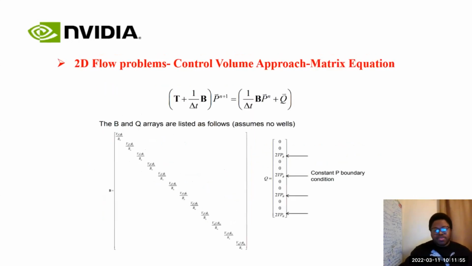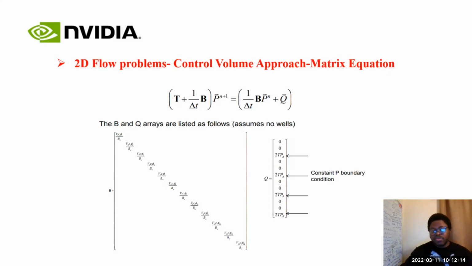So for the IMPES method, we solve for the pressure implicitly, and then we solve for the saturation explicitly. And this is the kind of equation we normally solve. So this whole left-hand part is your A matrix that you want to form.